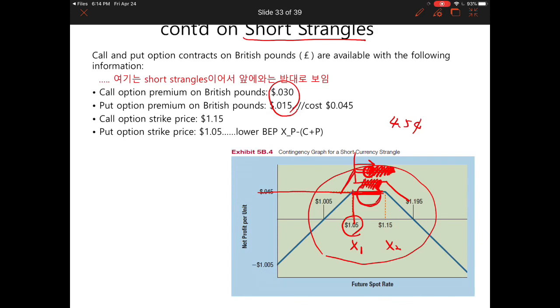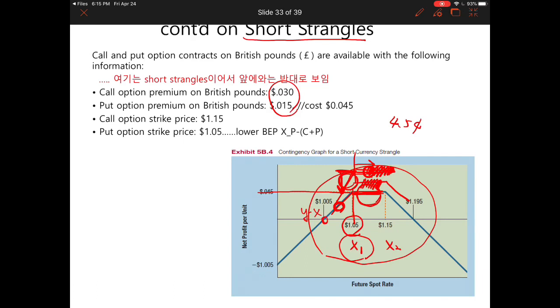And what about below X1? Then on the short put position I will start to lose. For every 1 cent, my payoff to the writer will become exactly that. So the slope is 1, y equals x.